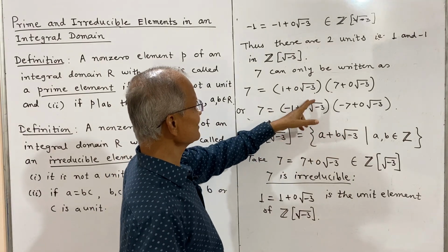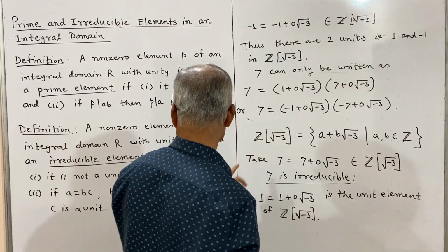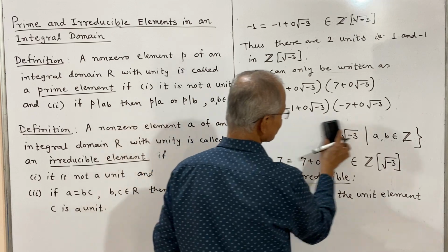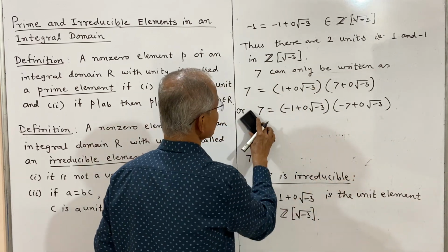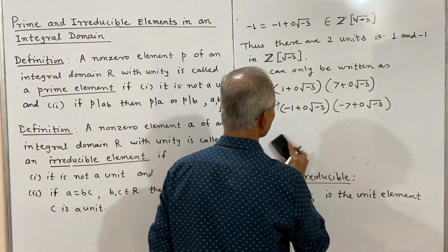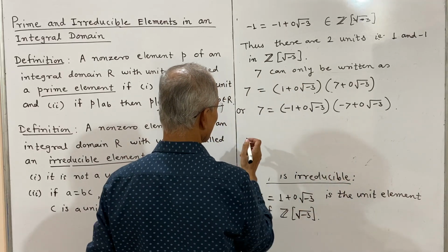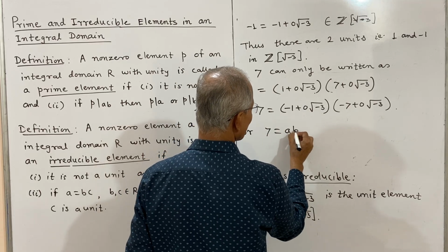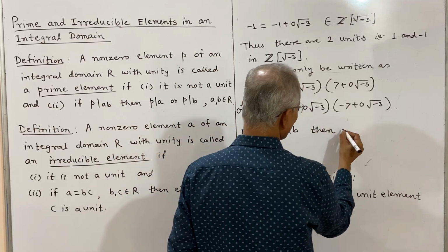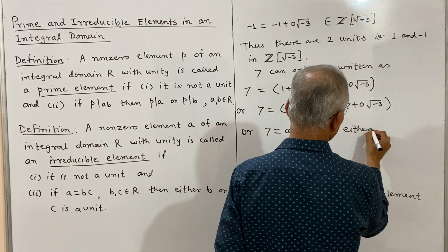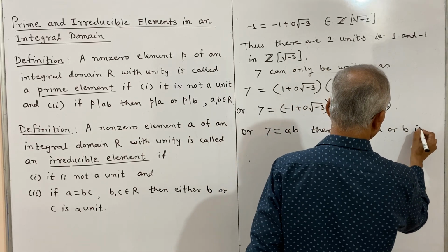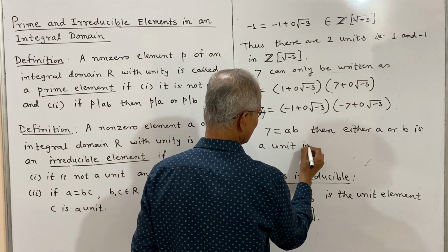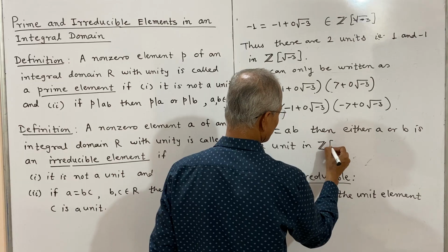So 7 is written in this form, and therefore 7 is an irreducible element, and thus where 7 is equal to AB, then either A or B is a unit in this integral domain.